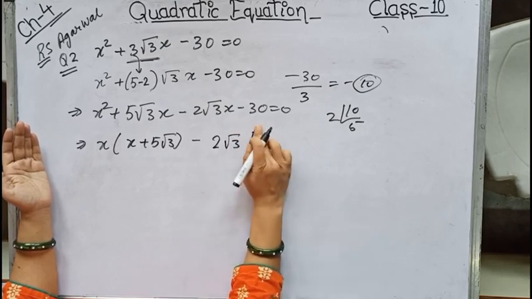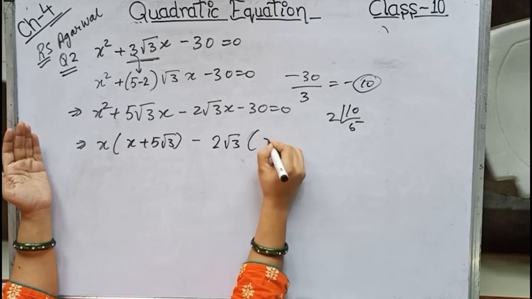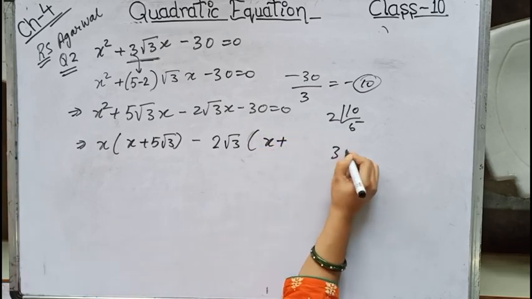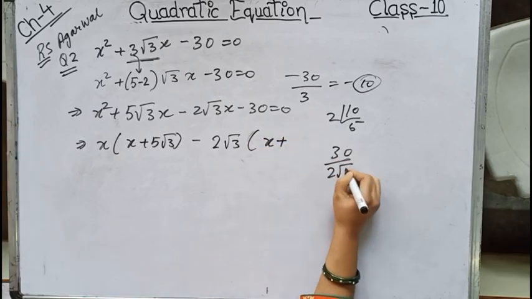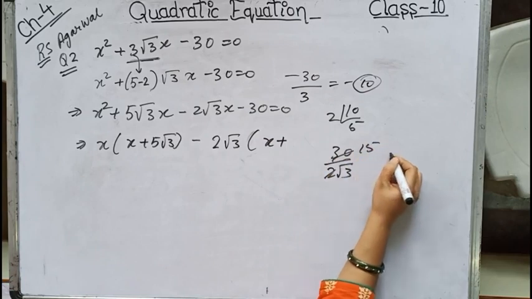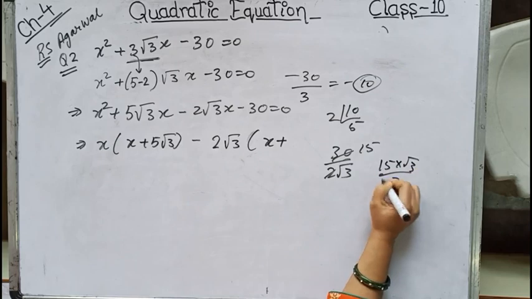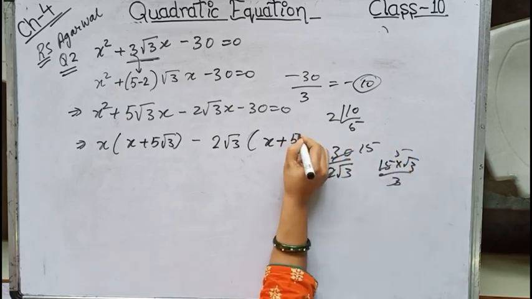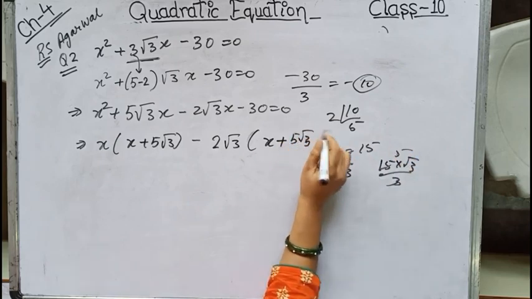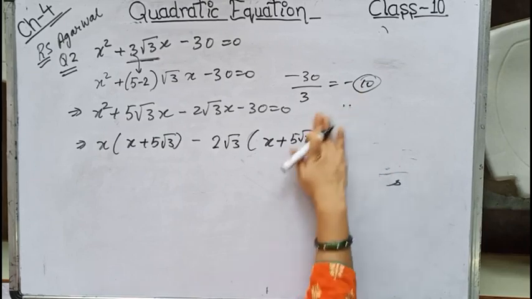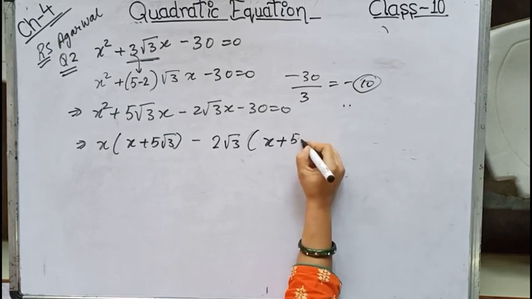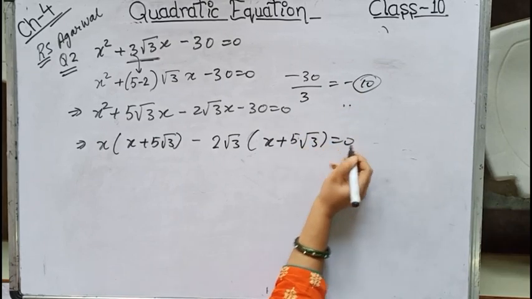So left will be x plus, let me see, 30 divided by 2 root 3 is 15, and 15 into root 3 by 3, 3 fives, yes, we are getting 5 root 3, root 3 equals 0.